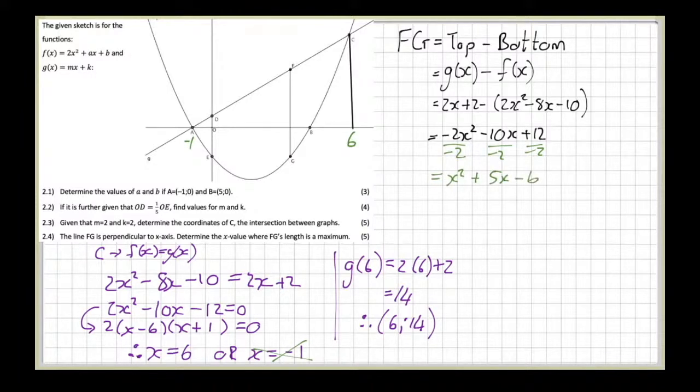If you do this, you get nothing further. So what do you mean? Ladies and gents, be careful. This equation is not equal to 0. No, it's equal to FG. You are not allowed to divide by anything because it's not equal to 0.